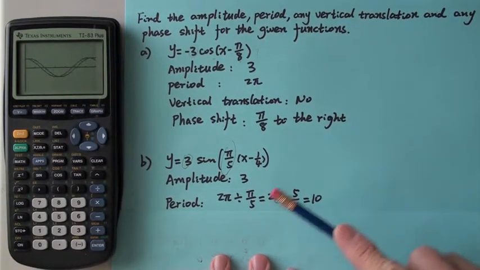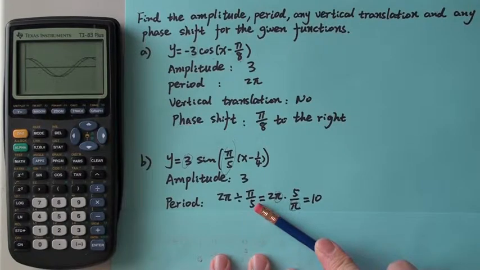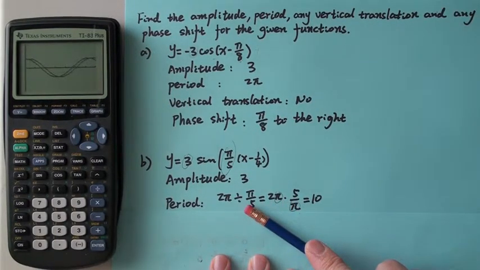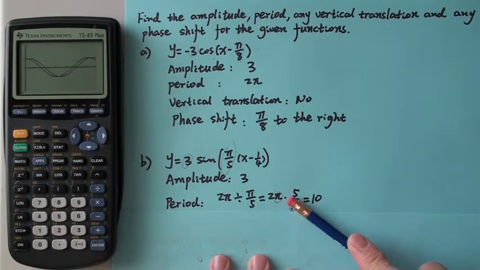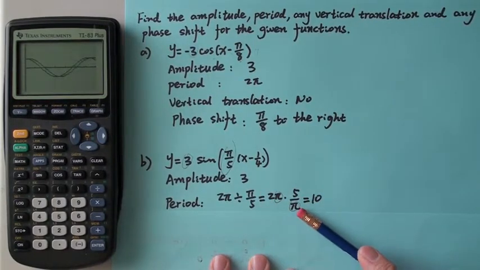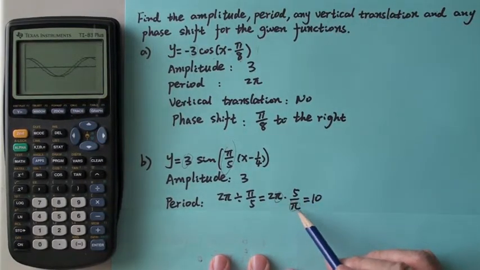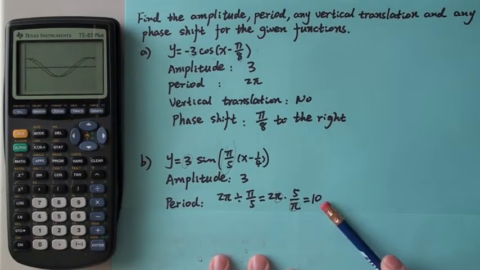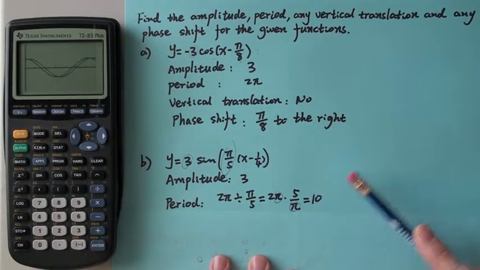It will be 2 pi divided by pi over 5. To do the division, change it to multiplication by flipping numerator and denominator. Then you cancel pi, and you have 2 times 5, which is 10. So the period is 10.